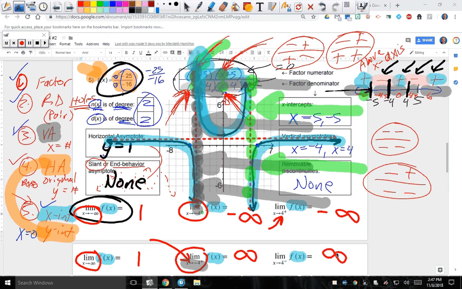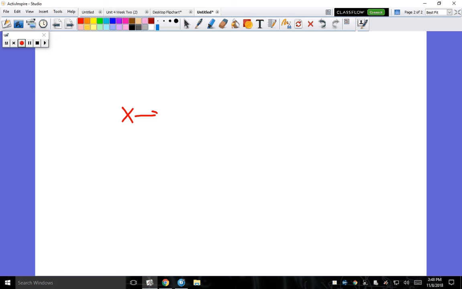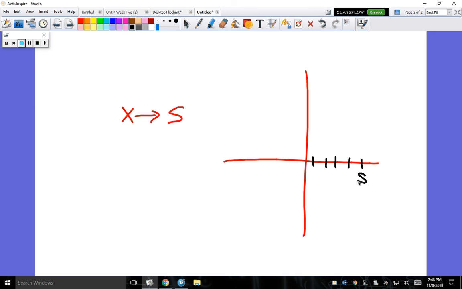Yes? So what are the signs? That's what I'm confused on. What signs indicate which side it's coming from? Okay. So if I were to say, I want you to approach 5, 1, 2, 3, 4, 5. Here's 5. Wherever it is on the graph, anywhere 5 is at, if I approach from the right, that means I'm coming from this way.